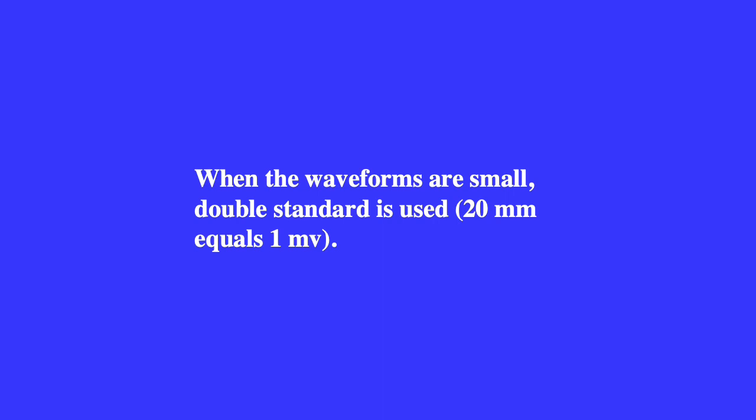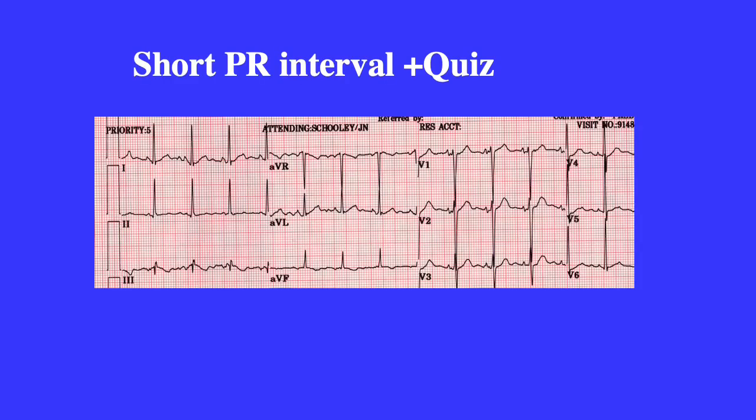As I said, when the waveforms are small, double standard is used. That's where 20 millimeters equals. When you look at this EKG, you can pause and look at this EKG, and you will see that the standardization is double standardized, as I suggested 2 slides prior to this one.